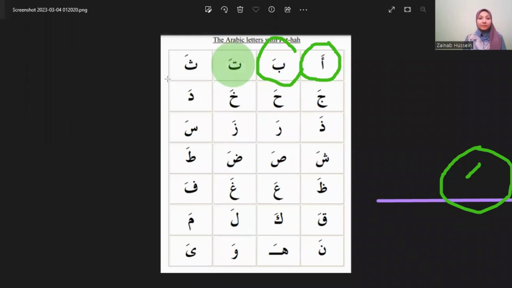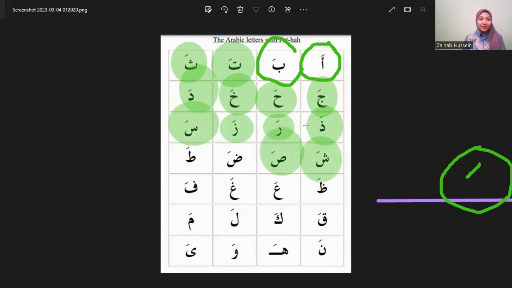Ta. Tha. Ja. Ha. Kha. Da. Dha. Ra. Za. Sa. Sha. A. Gha. Fa. Qa.